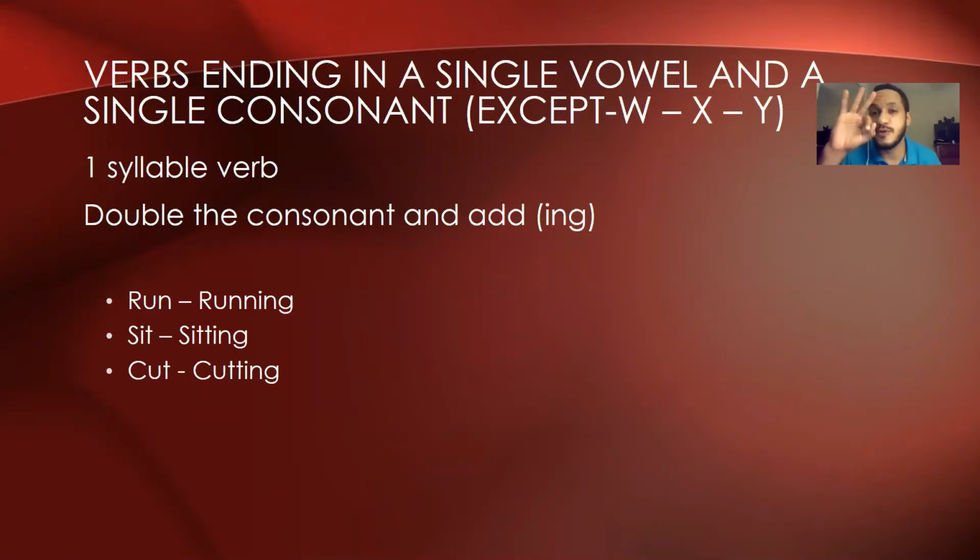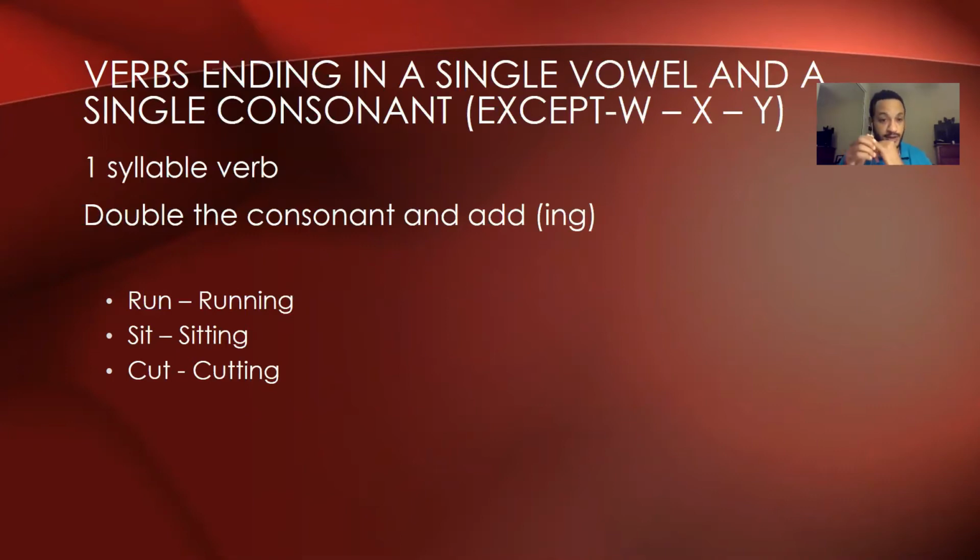So for this, we have three exceptions. That is W, Y, and X. Okay? So if the word ends with a vowel and one of these consonants, W, X, Y, it doesn't apply for that verb. So look here, for example, it says run, running.